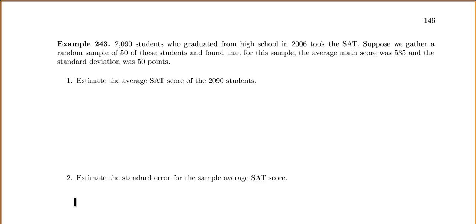For our next example, 2,090 students graduate from high school in 2006 and they take the SAT. Suppose we gather a random sample of 50 of these students and found that for this sample, the average math score was 535 and the standard deviation was 50 points.